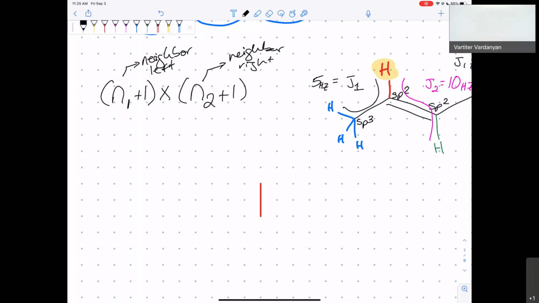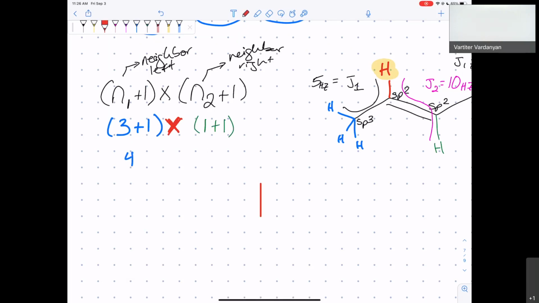On the left, how many neighbors do we have? 3. So N1 is 3 plus 1, times, and I'm going to do it in red so you know it's the red hydrogen we're looking at. How many neighbors are on the right? 1. So N2 is 1 plus 1. What's 3 plus 1? 4.